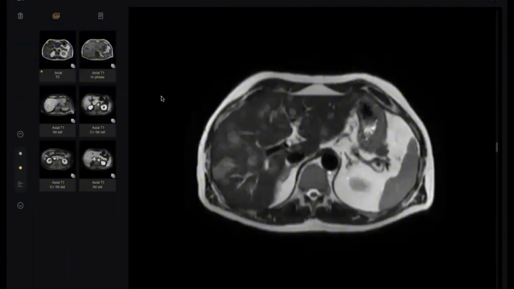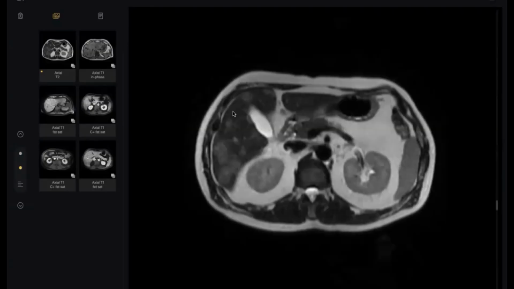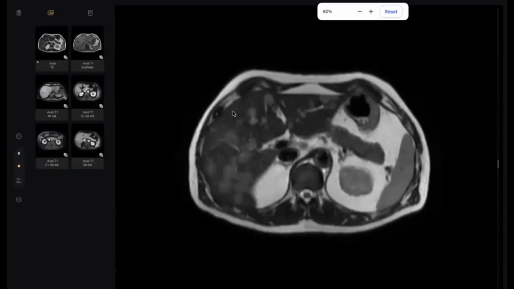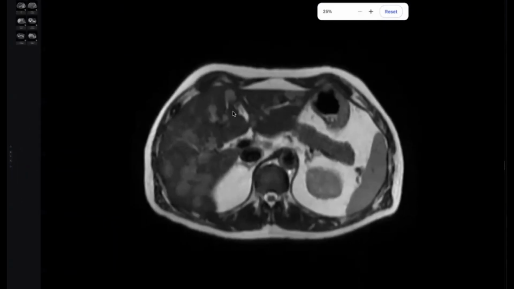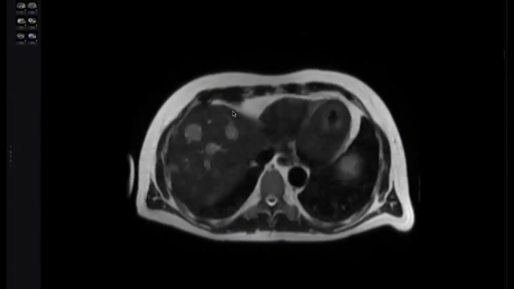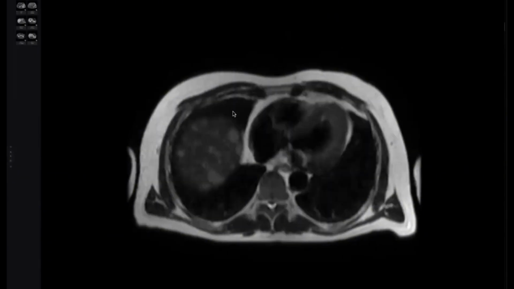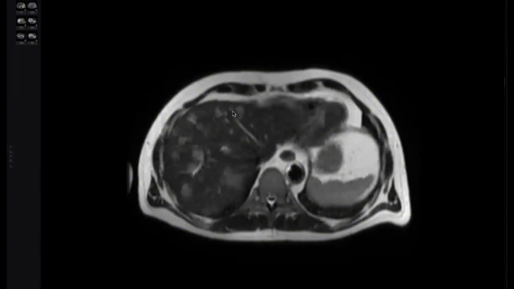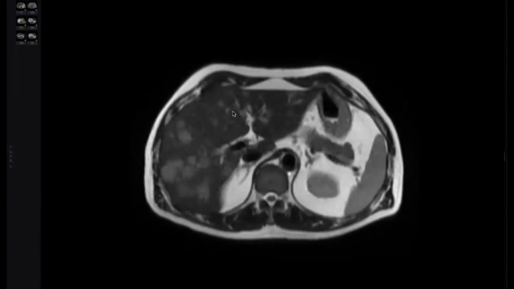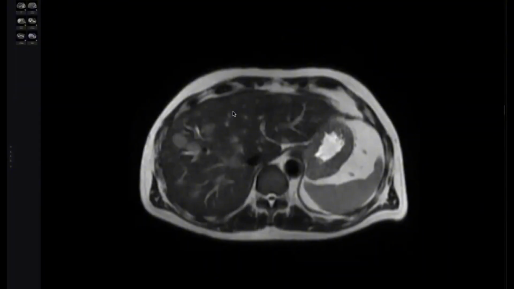This is MRI. This is T2 axial cuts, which confirms that there are multiple hepatic lesions scattered all over both hepatic lobes. In MRI we don't say isoechoic, we say intense.